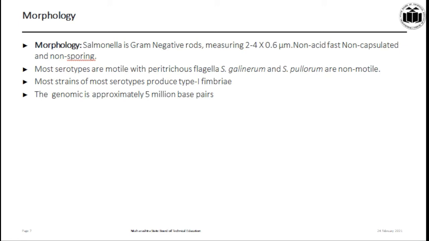That means these two species, Salmonella gallinarum and Salmonella pullorum, lack the flagella. That means they are non-motile.